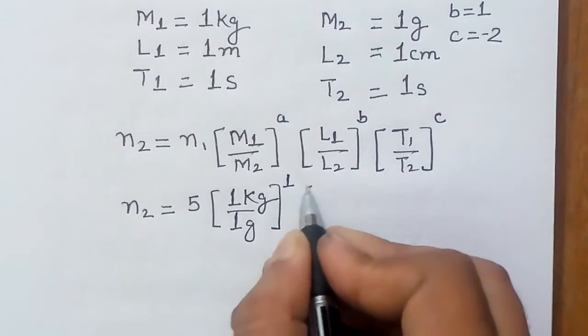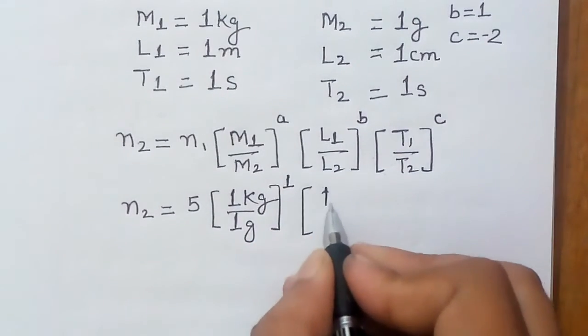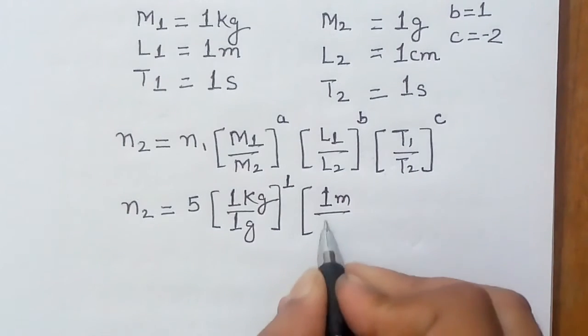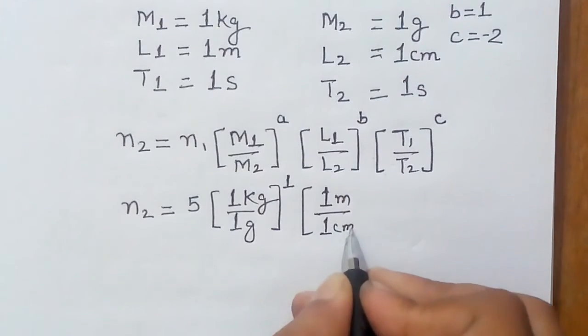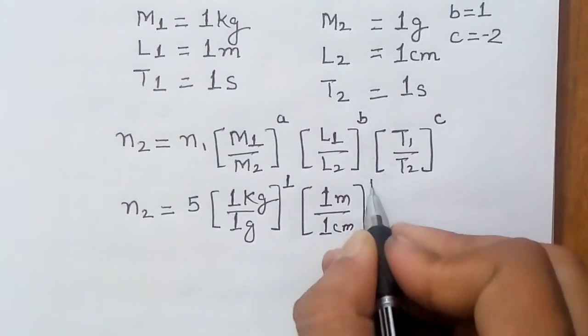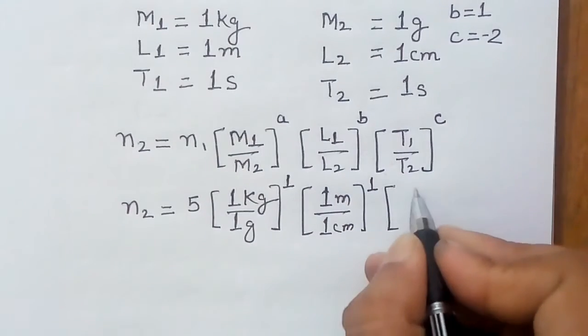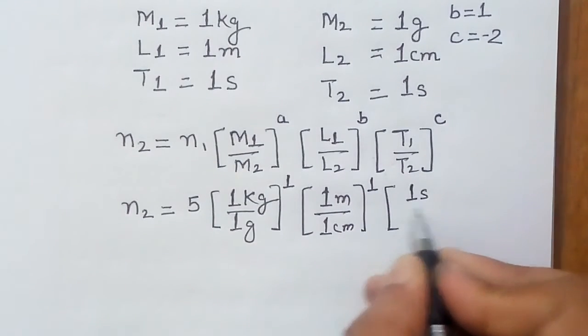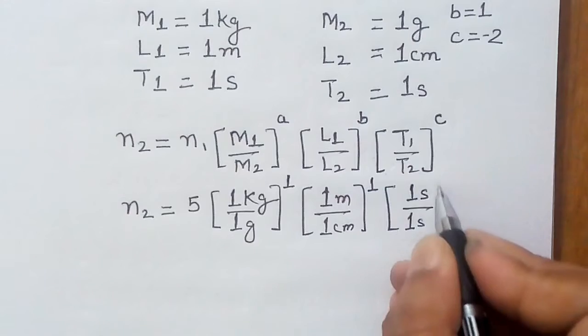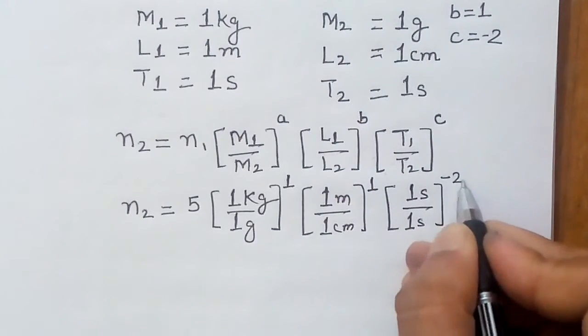Again for length, it is 1 meter divided by 1 centimeter, again the value of B is 1. Time, in both the units it is in second, so just write as it is, and power minus 2 is there.